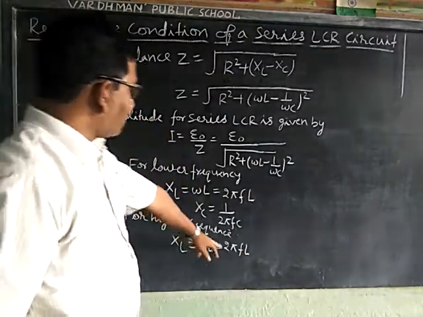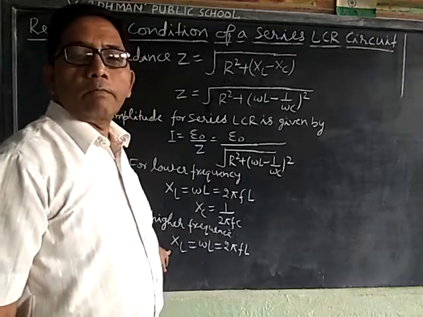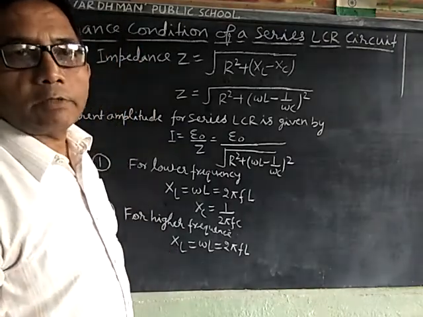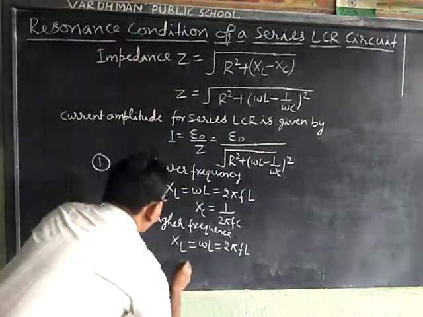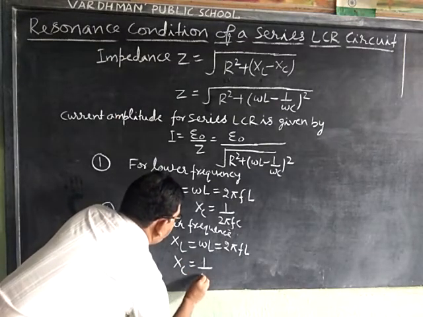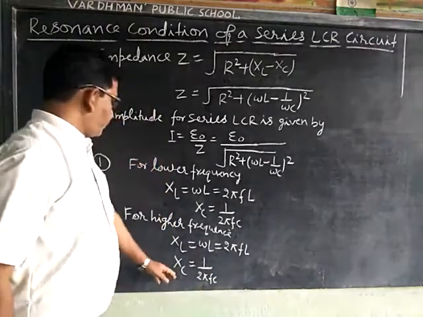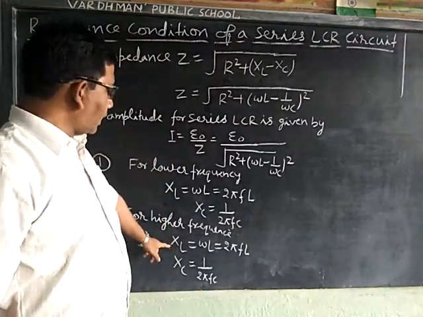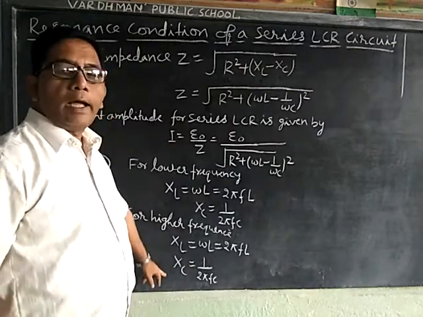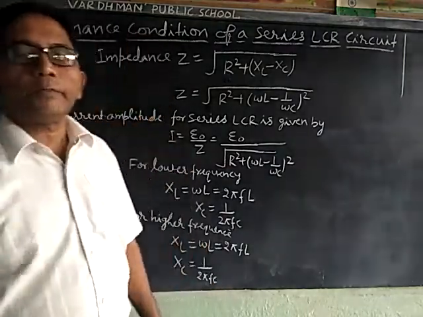For higher frequency XL will be very large, and XC is equal to 1 upon 2 pi FC, that is 1 upon omega C. For higher frequency XL will be large and XC is very small.